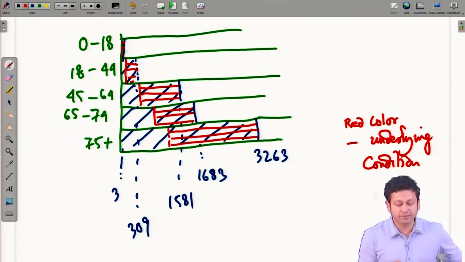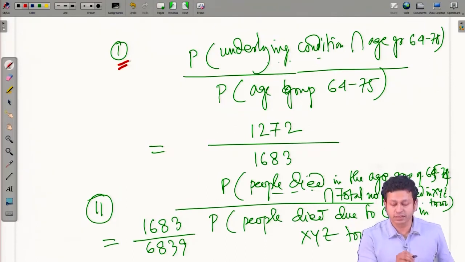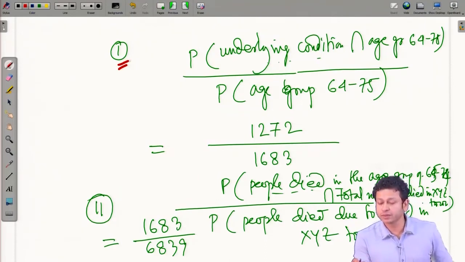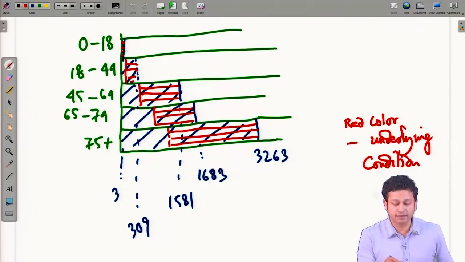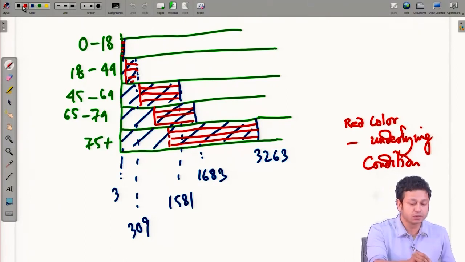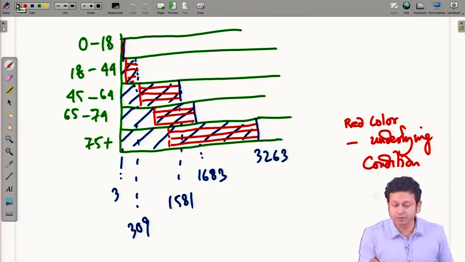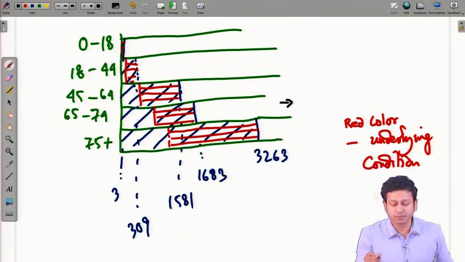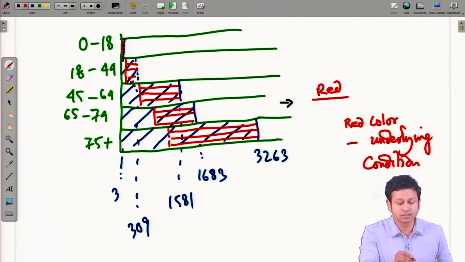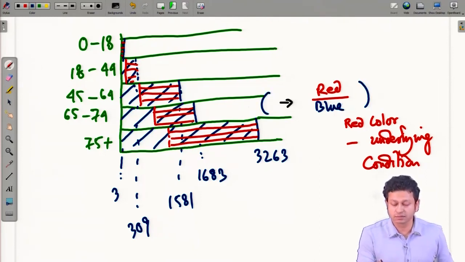So, now if I have to answer the first question, where I asked about the underlying condition with respect to the age group 65 to 74, what I have to compute, I will use a different color, is this red vis-a-vis the blue, right, for this group.